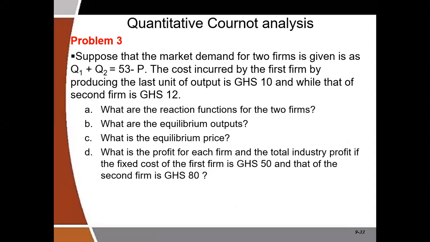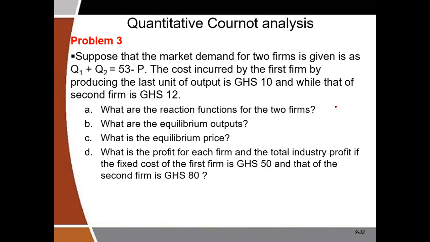This example says that suppose the market demand for 2 firms is given as Q1 plus Q2 is equal to 53 minus P. The cost incurred by the first firm by producing the last unit of output, so this technically means that we are talking about marginal cost, which is the same as the average variable cost once we have a linear cost function, is 10 cedis, whilst that of the second firm, which is the marginal cost or the average variable cost of the second firm, is 12 cedis.